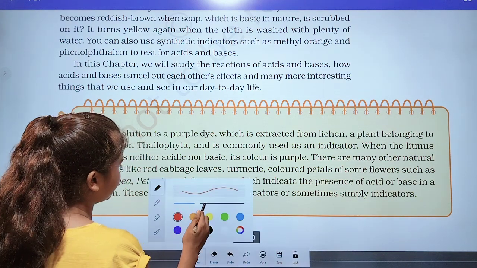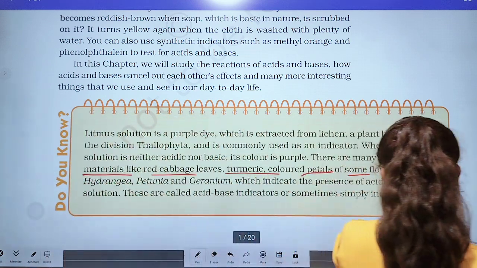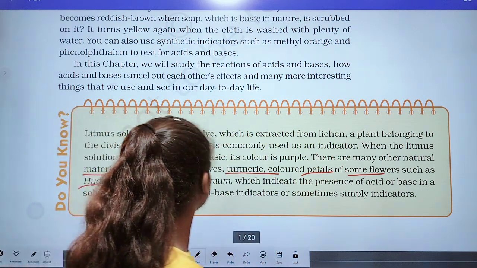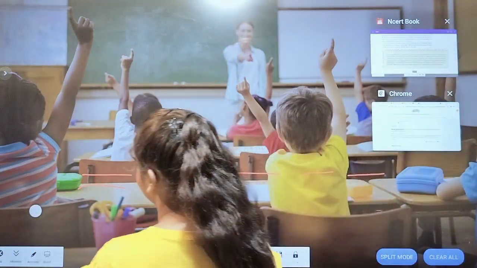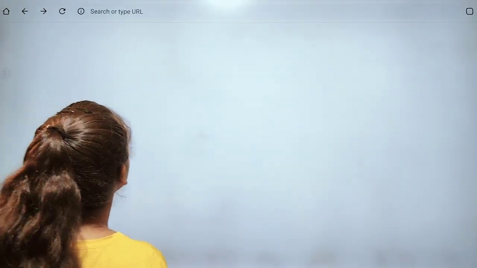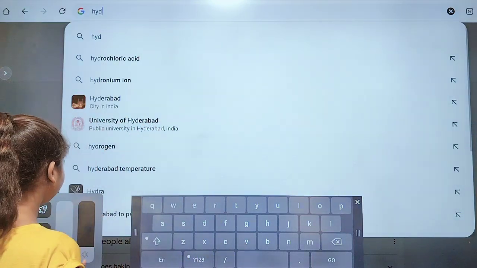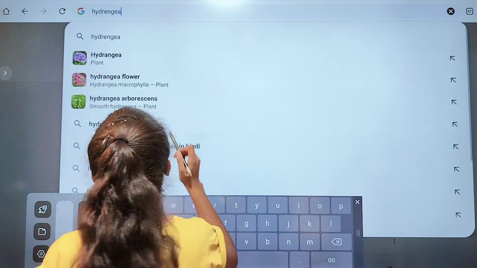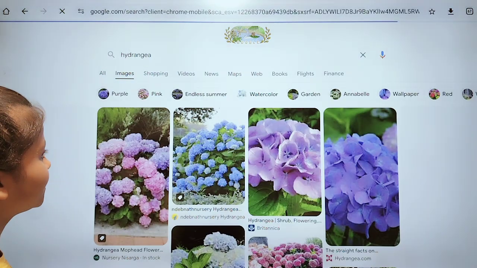Materials like red cabbage, turmeric, and colored petals of some flowers such as hydrangea can also be used as indicators. I will show you the figure of hydrangea. See, this one is a hydrangea.